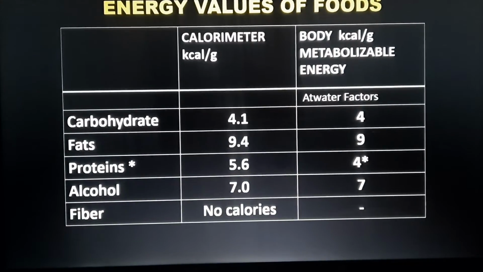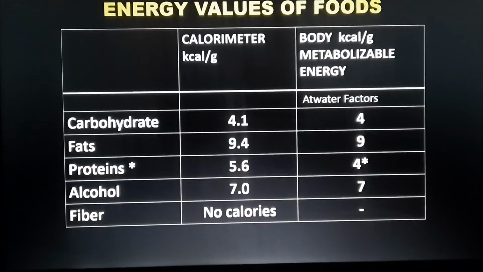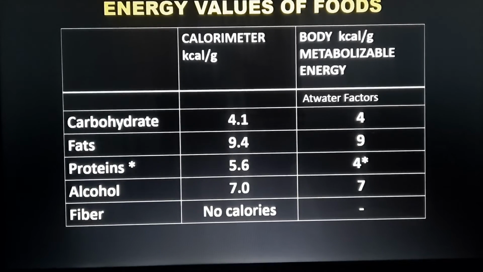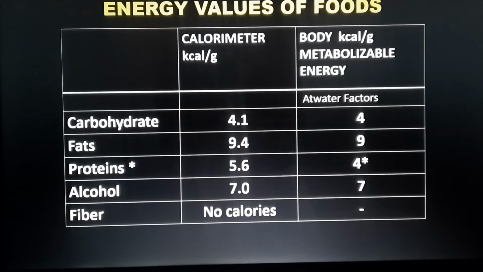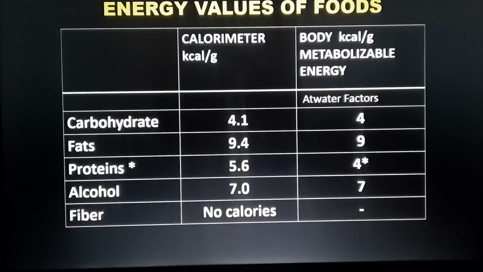So when carbohydrates are utilized in the body, 1 gram releases 4 kilocalories, while in the external environment, in the bomb calorimeter, 1 gram of carbohydrate produces 4.1 kilocalories. 1 gram of fats, when combusted in the body, gives roughly 9 kilocalories per gram, and in vitro it produces 9.4 kilocalories per gram.